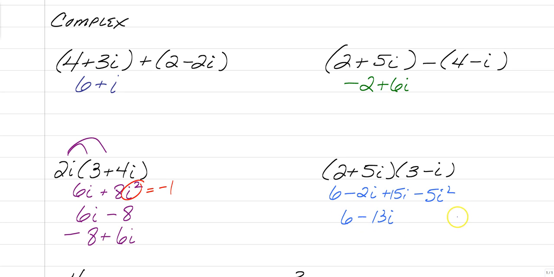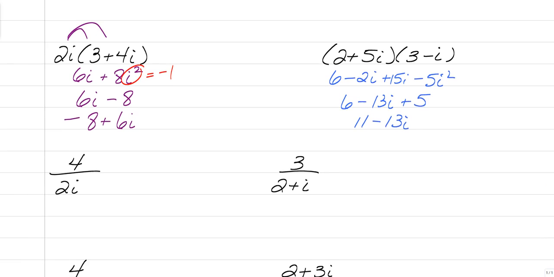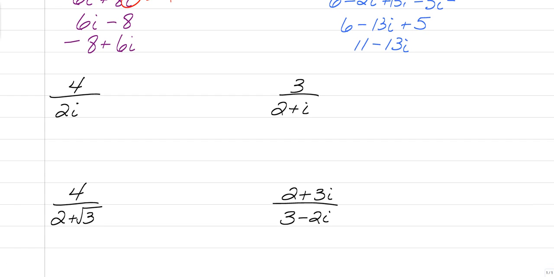So we have 6 minus 13i. And this, you have to remember, i squared is a negative 1, so negative 5 times a negative 1 is plus 5. So your final answer would be 11 minus 13i. Okay? So that's how you do a little bit of work with adding, subtracting, and multiplying.